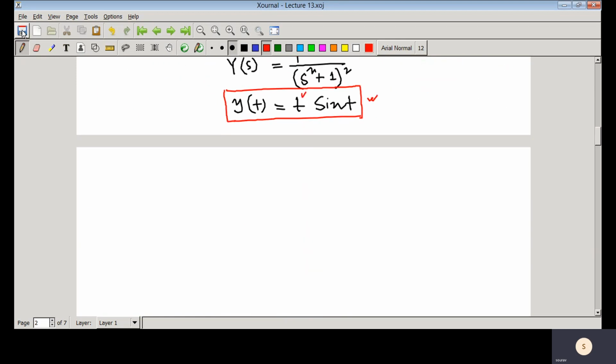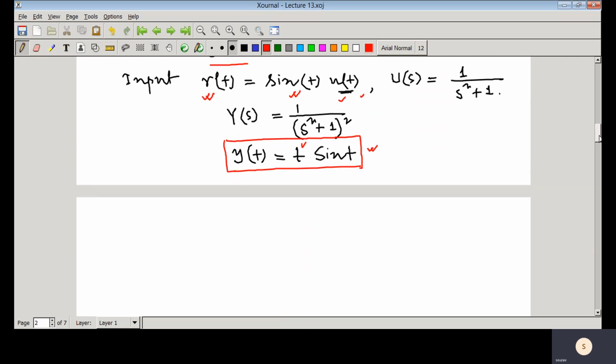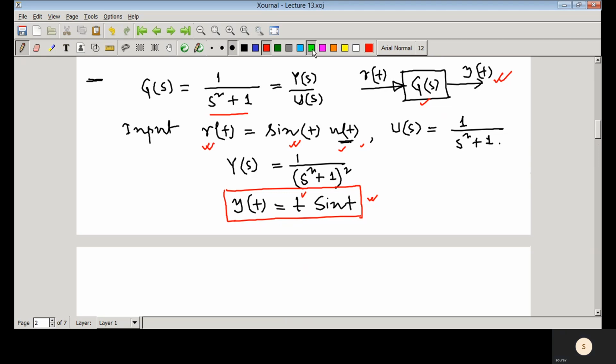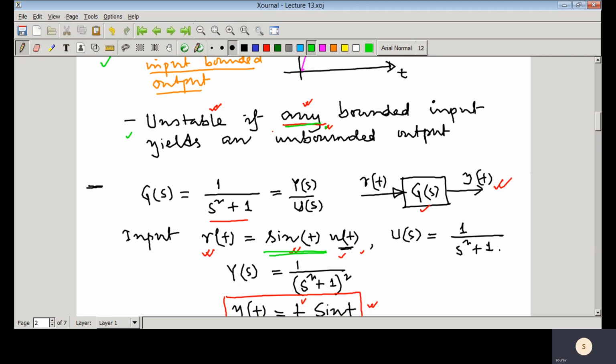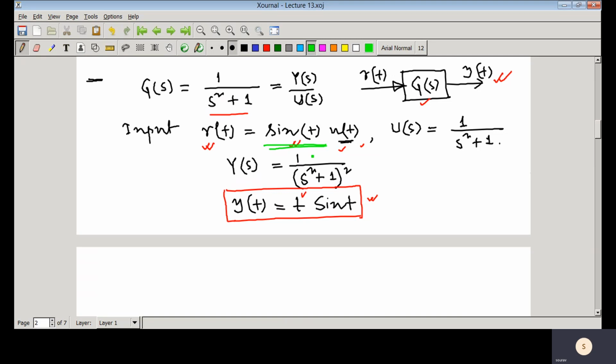So this is very important. Let us write: although sin t is a bounded signal, y(t) that we have obtained here is unbounded as t tends to infinity, that means when t is very large. You can see the definition: any bounded input. So this sin t is a bounded input, but we are getting an unbounded response.